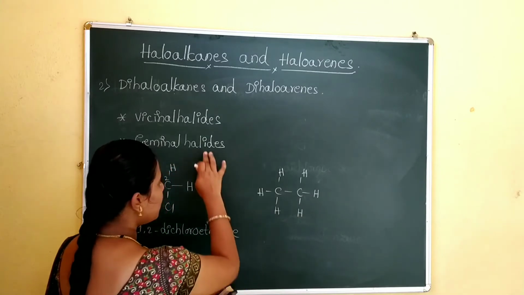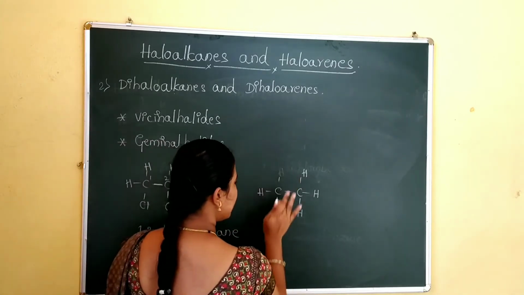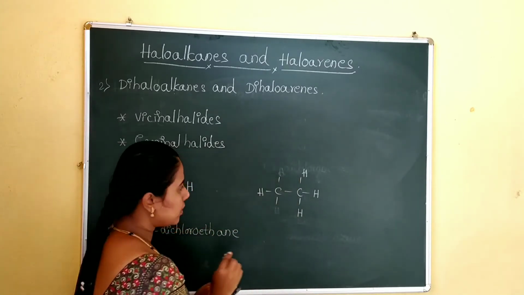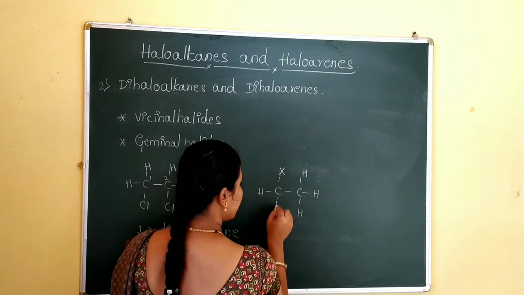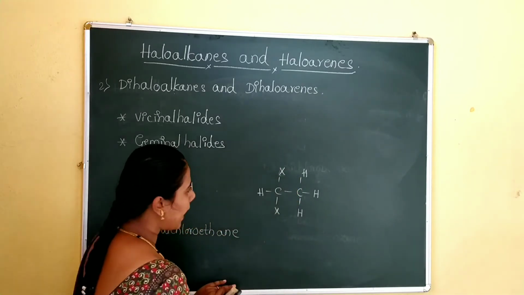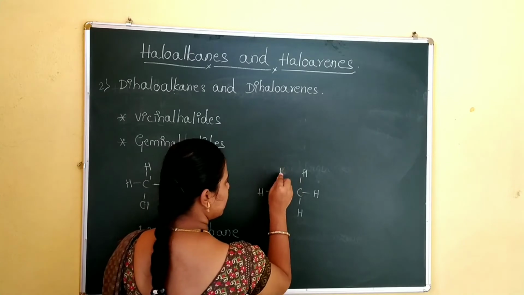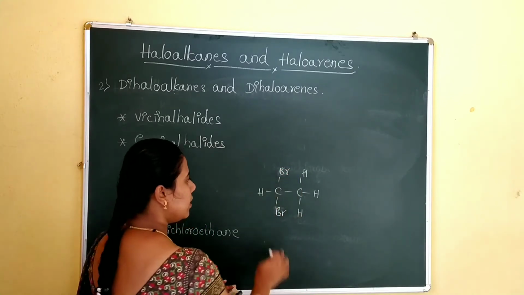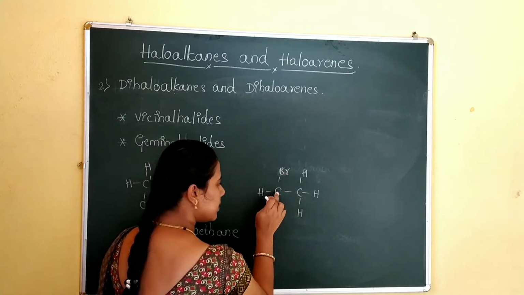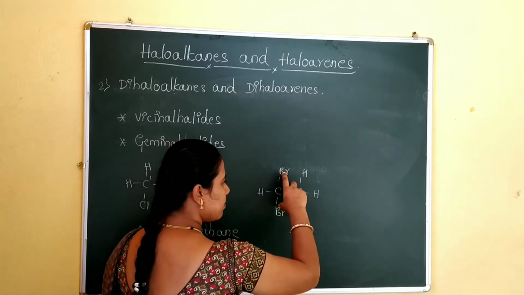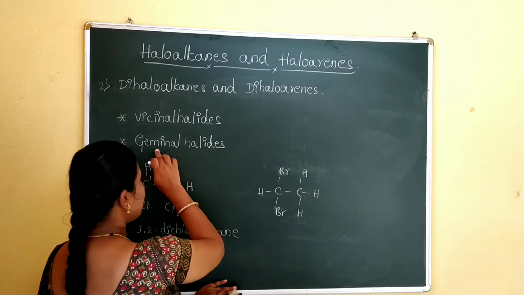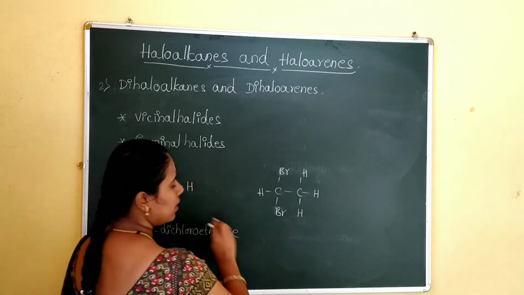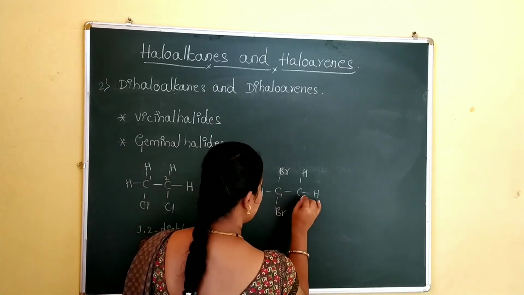If two hydrogen atoms of the same carbon atom are replaced by halogen atoms, like here I will take the example halogen atom as bromine, then it becomes a geminal halide.